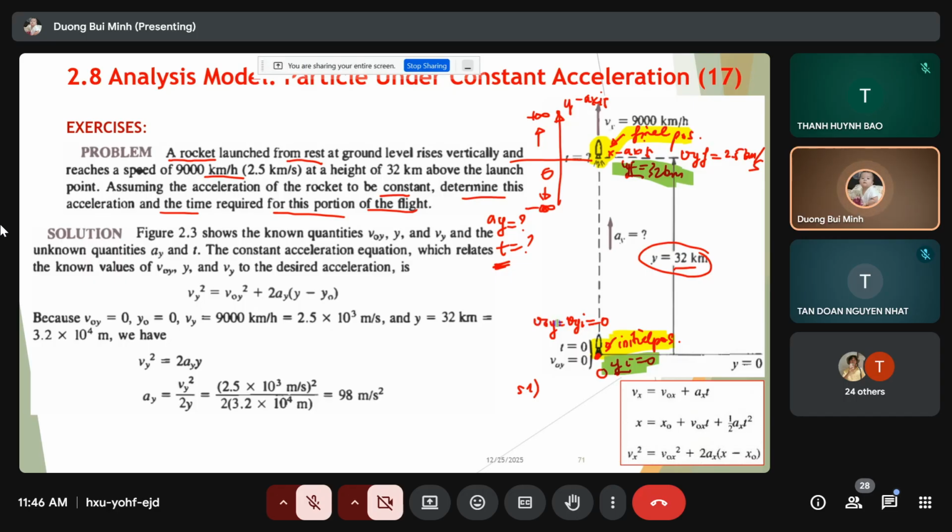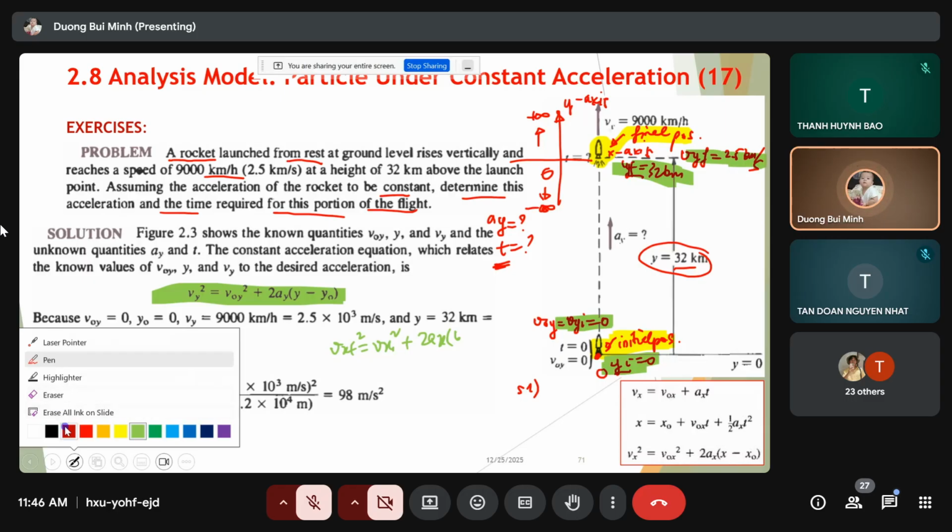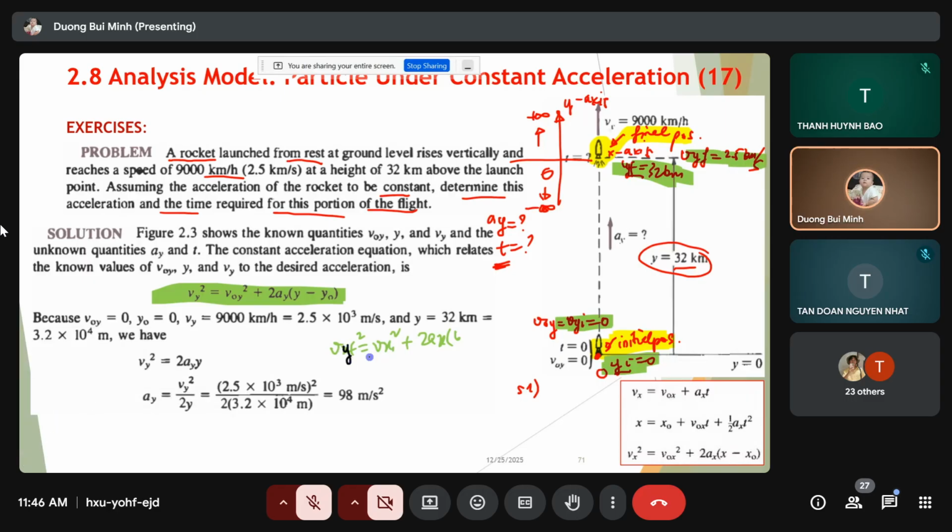So we can apply the formula here. We have vyf squared is vyi squared plus 2ay times yf minus yi. Here we should use y, not x.